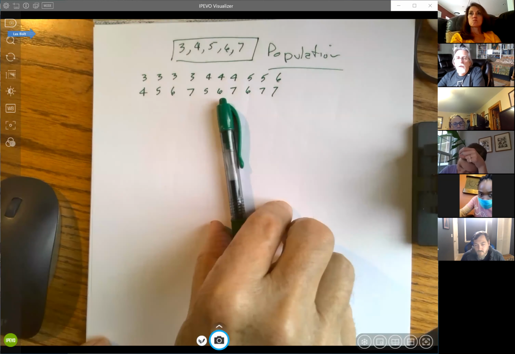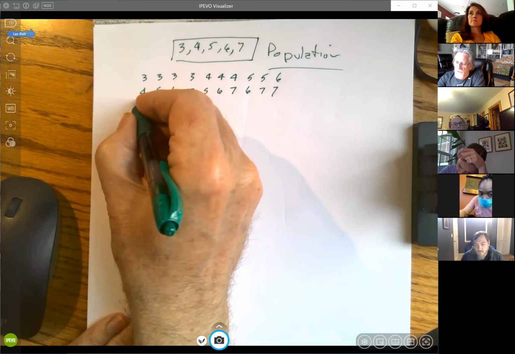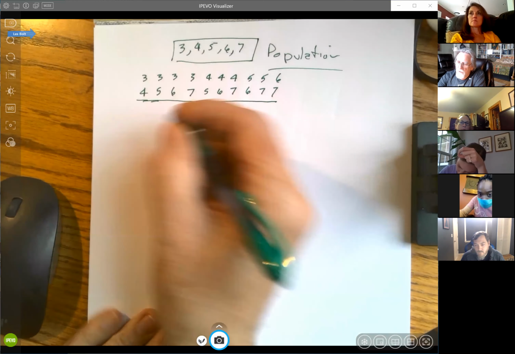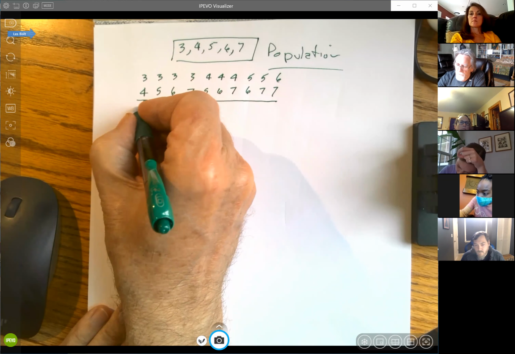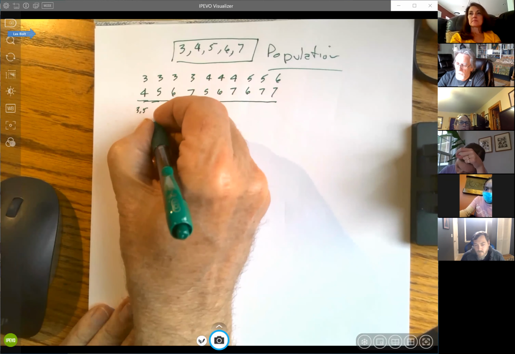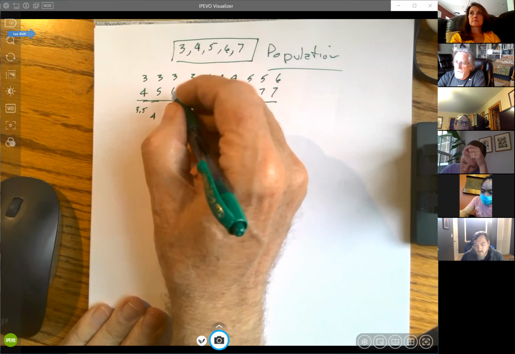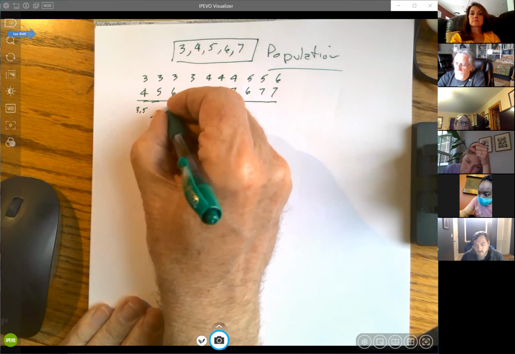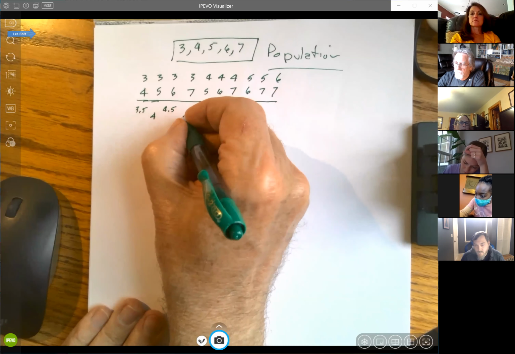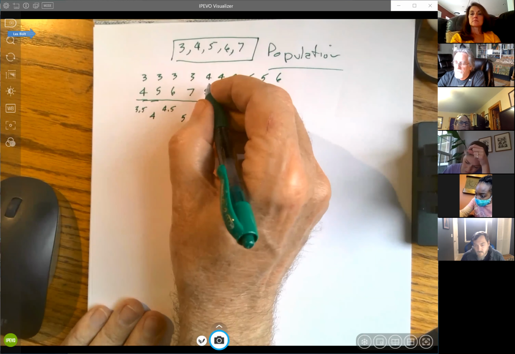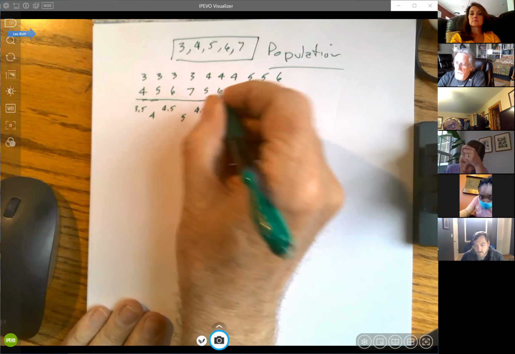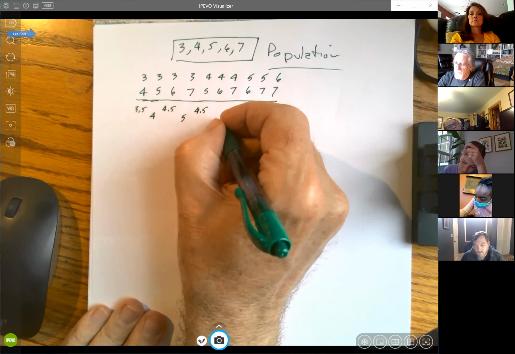Now, if we took the mean of each of these: the mean of 3 and 4 would be 3.5. The mean of 3 and 5 would be 4. The mean of 3 and 6 would be 4.5. The mean of 3 and 7 would be 5. The mean of 4 and 5, that's 9, would be 4.5. The mean of 4 and 6, 10, would be 5.